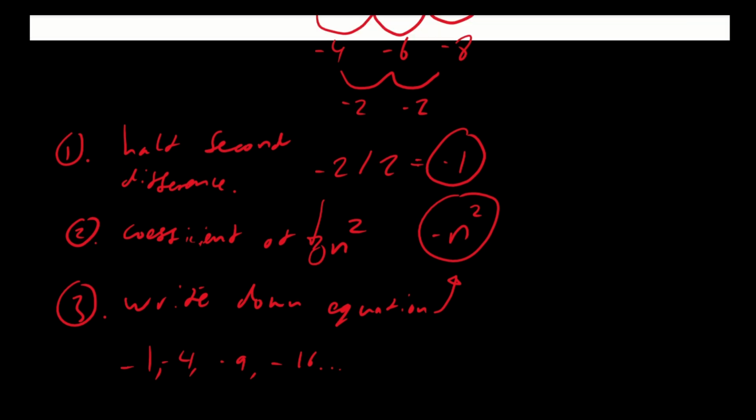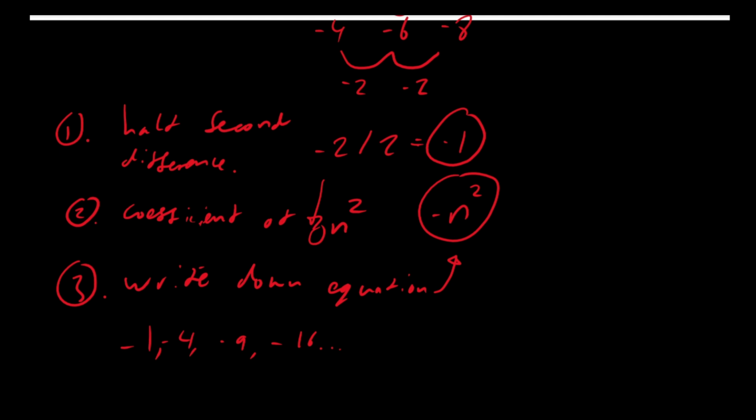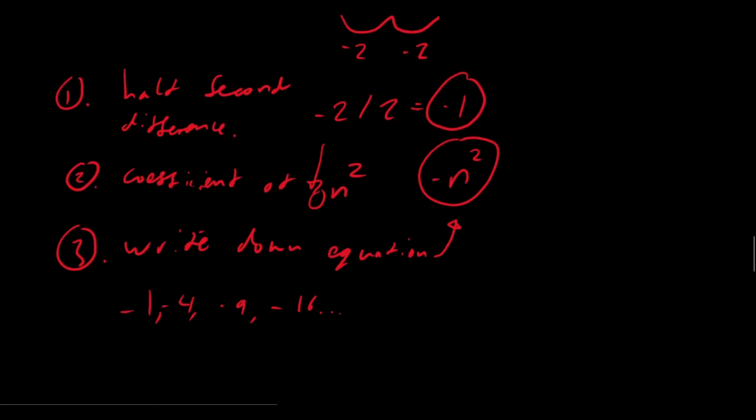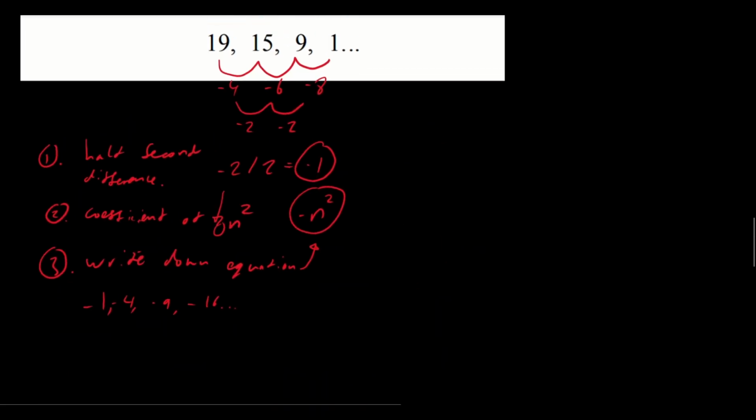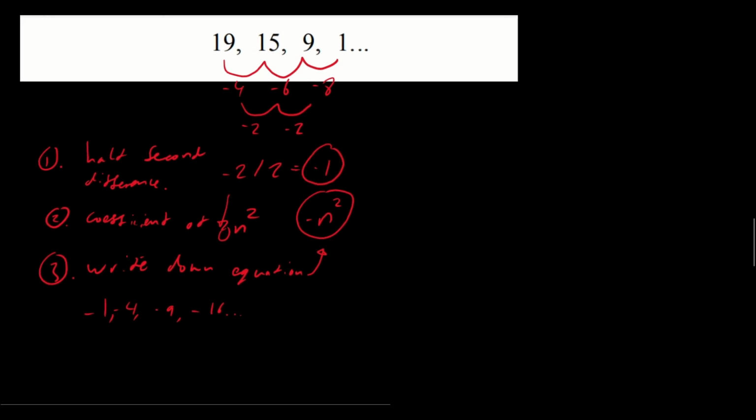And how do you go from this sequence to the original sequence? You have to subtract this sequence from that sequence. So 19, 15, 9, and 1, subtract negative 1, negative 4, negative 9, and negative 16.